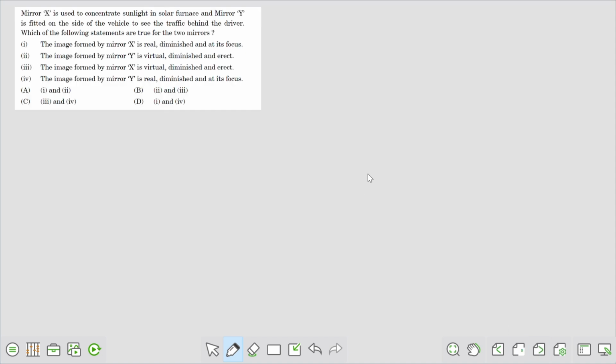So here is your next question. Mirror X is used to concentrate sunlight in a solar furnace, and mirror Y is fitted on the side of the vehicle to see the traffic behind the driver. Which of the following statements are true for the two mirrors? Okay, so X is used to concentrate sunlight in a solar furnace. So what type of mirror is X?